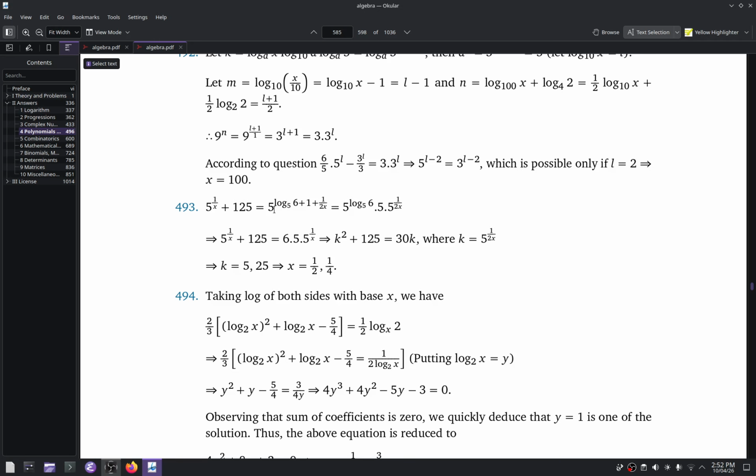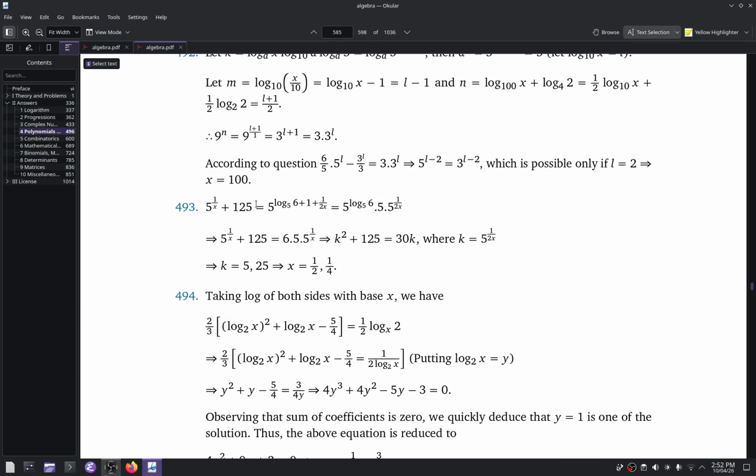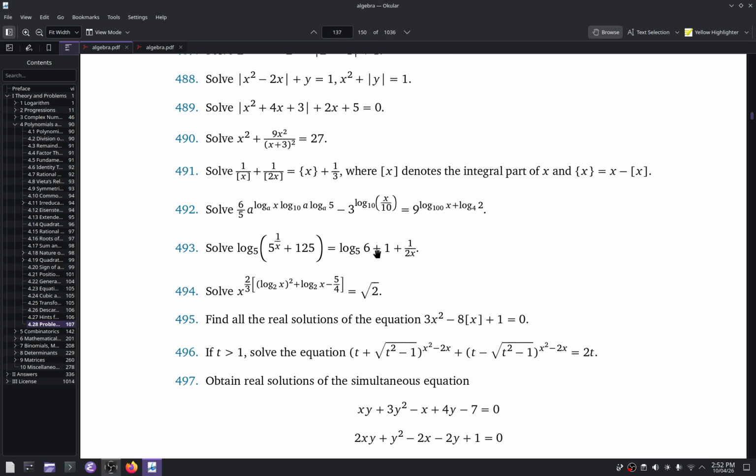We look at the right hand side. This should be removed. So this we can write as what is given here.